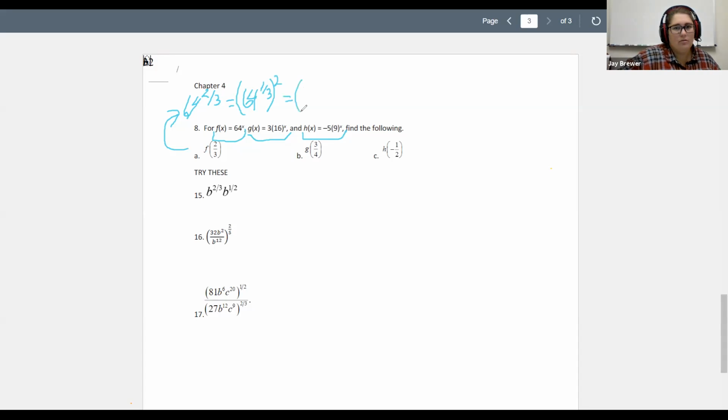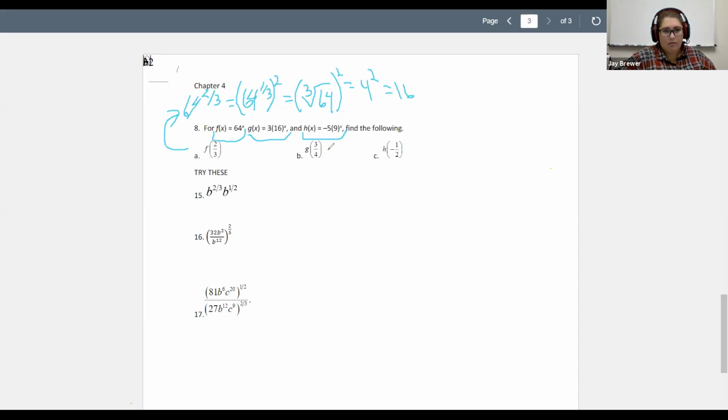So the cubed root of 64, that answer squared. Well, the cubed root of 64 is 4. So 4 squared is 16. You could have put that in your calculator. I'm not going to stop you if that's the way you want to do it, just make sure you use your parentheses correctly. So 64 caret parentheses 2/3 parentheses should give you 16.